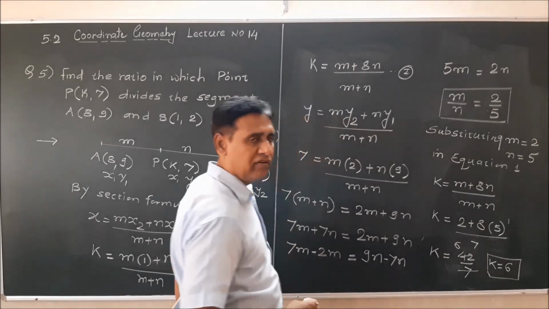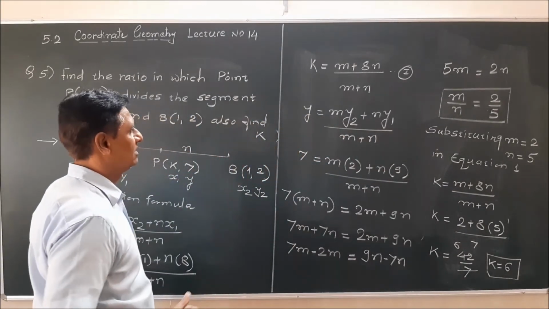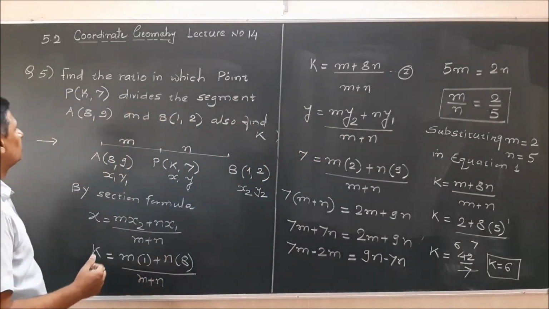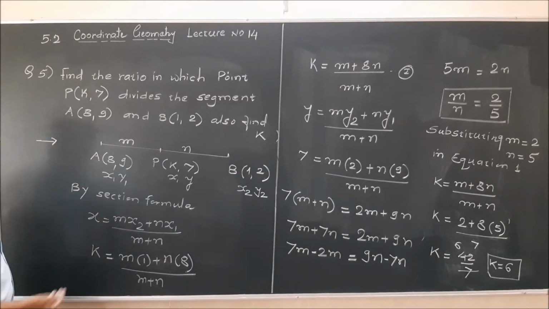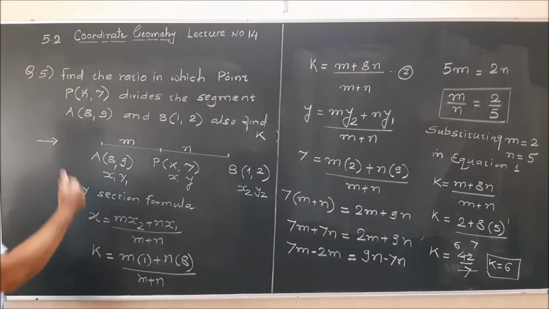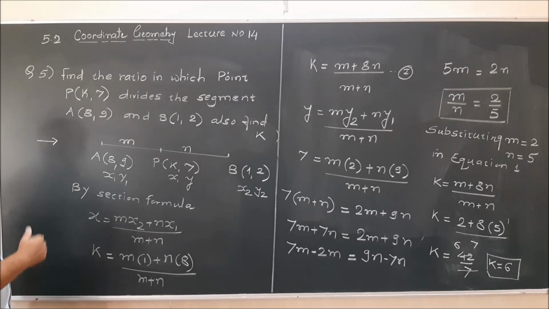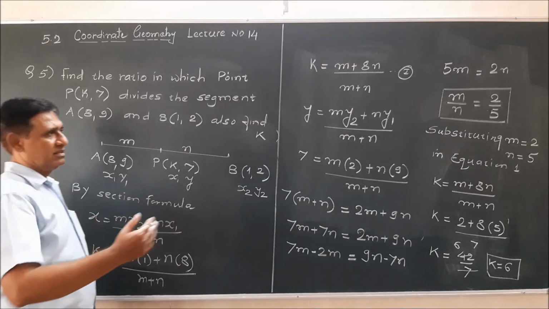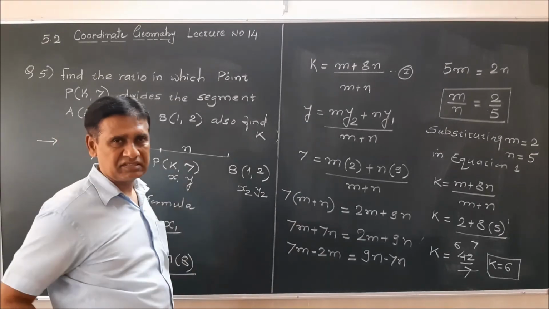So this is how you will find that segment AB is divided by P in the ratio m:n, and k, the values of x and y. So this answer you are not supposed to keep as it is.